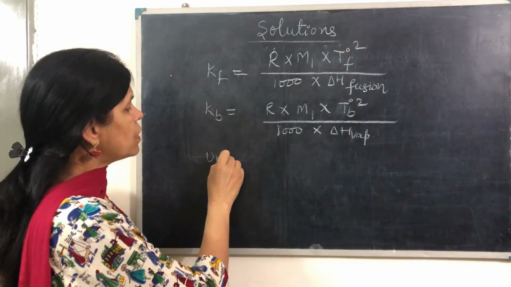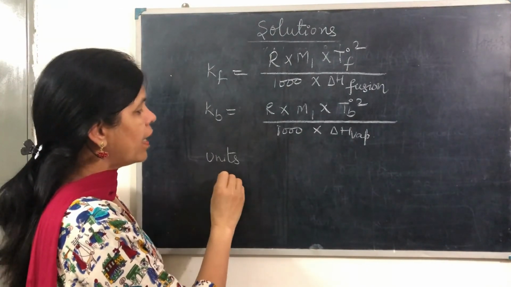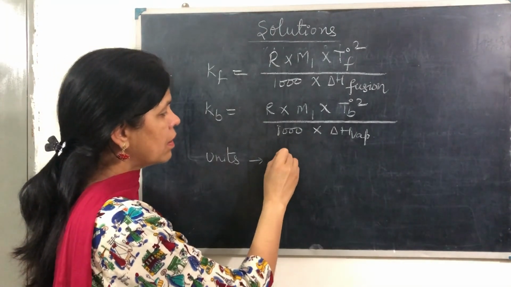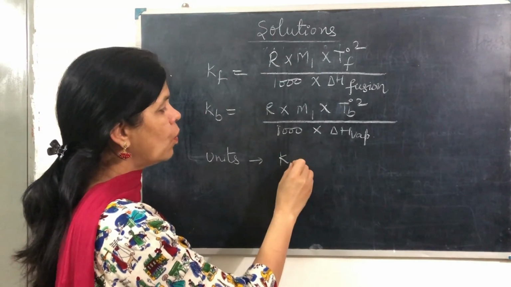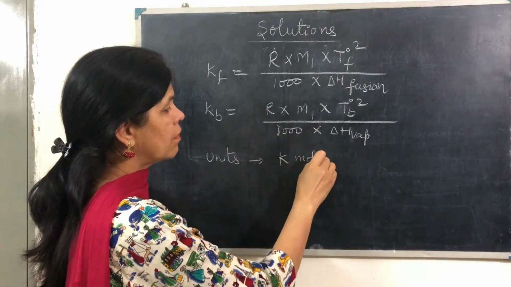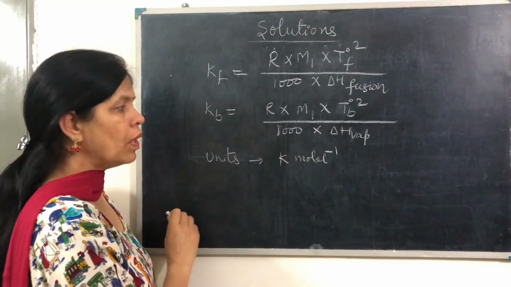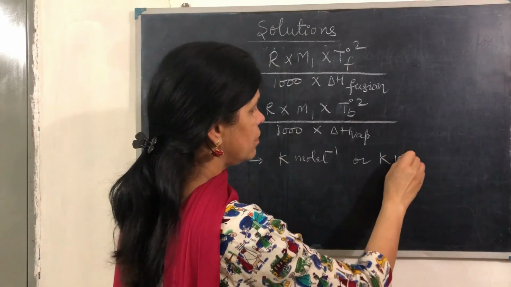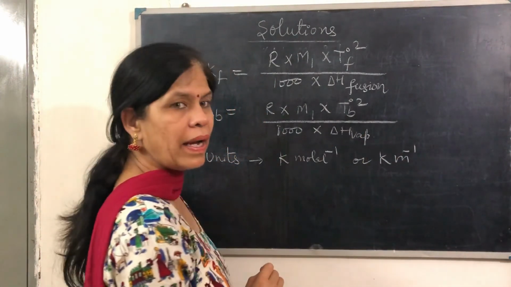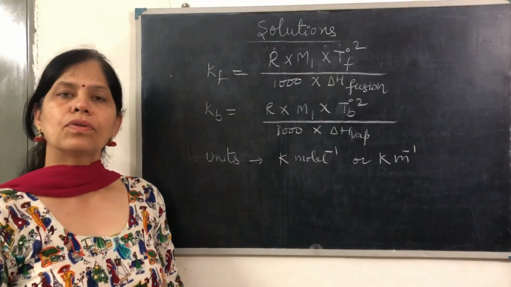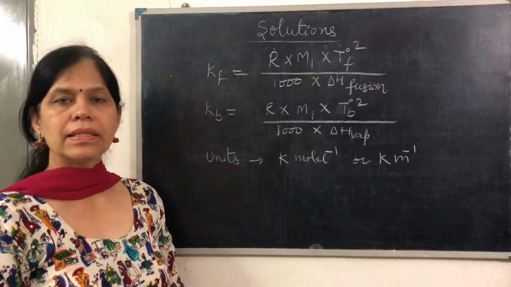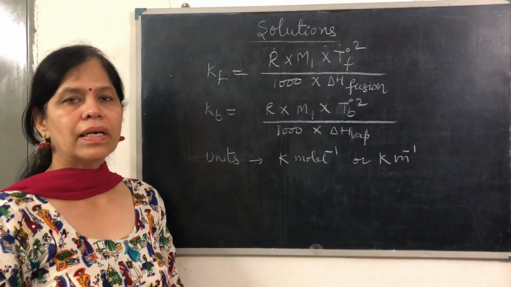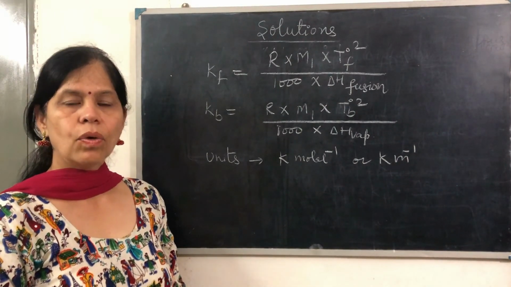What are the units of KF and KB? Both of them have unit Kelvin per molal, so it should rather be written as Kelvin molal minus 1. So children, this is about today's lecture. In the next class, we'll discuss the rest of the topics. Hope to see you again.